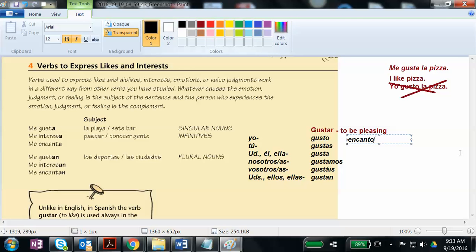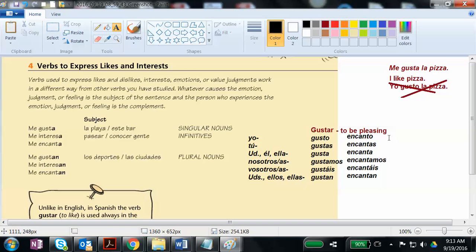Encanto, encantas, encanta, encantamos, encantáis, encantan. And then the other one was interesar, right?